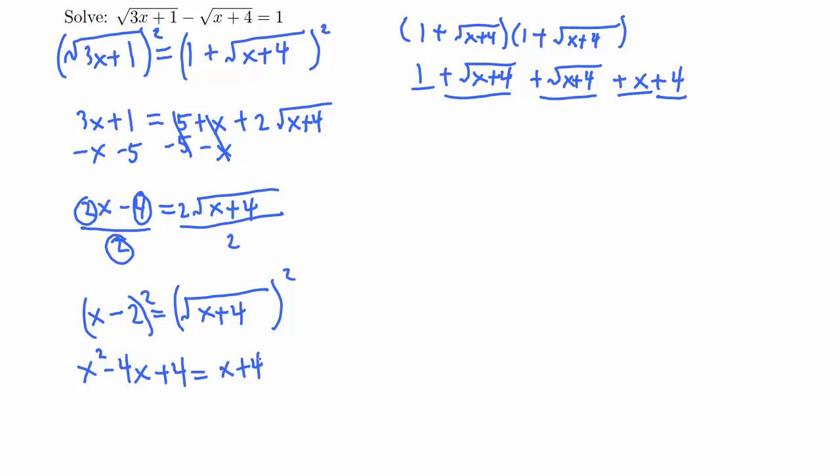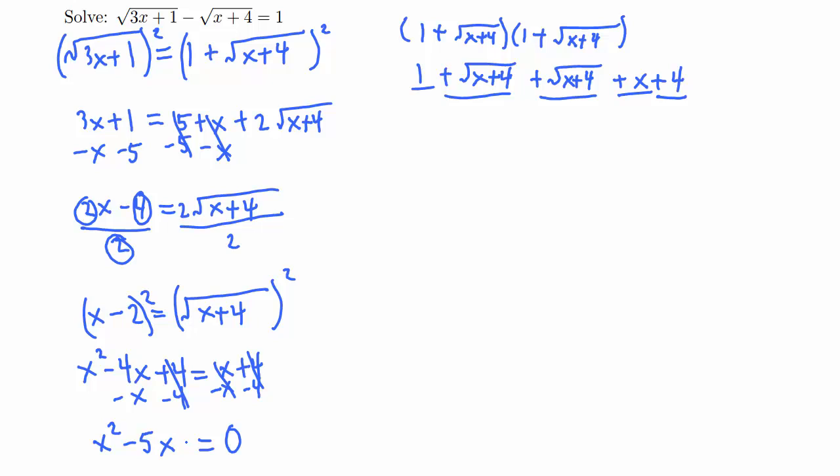Now all we have to do is solve this quadratic equation. And the easiest thing to do, or often the best thing to do, is to get everything on one side. So on the right hand side I'm going to have 0, and on the left hand side, notice all I'm left with is x squared minus 5x. Now a lot of people find this frustrating because they forget that this is very simple to factor, because they always expect there to be some number here.